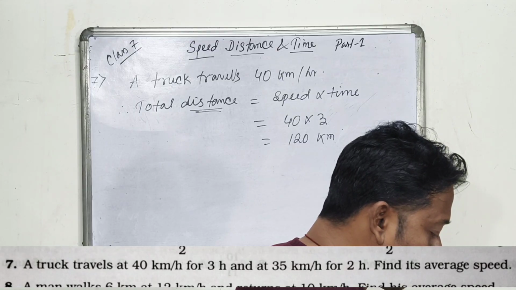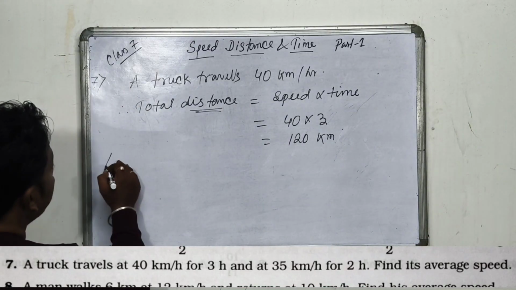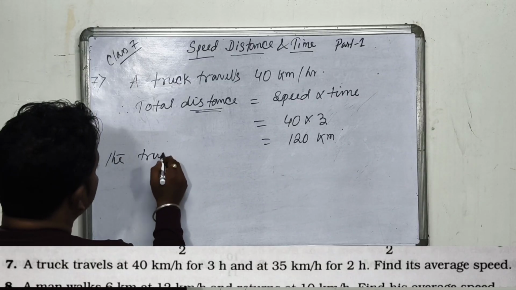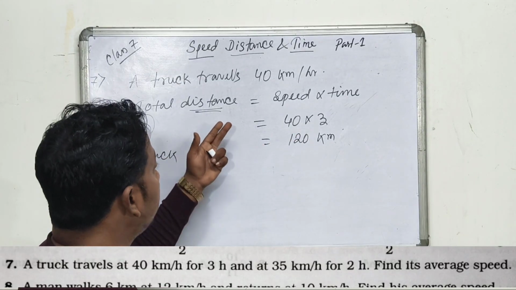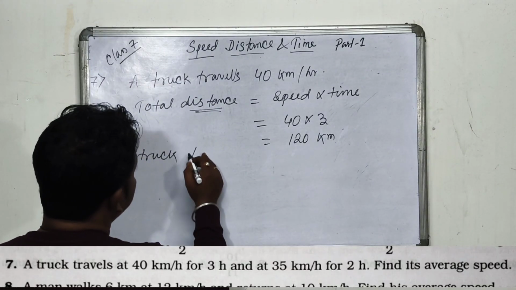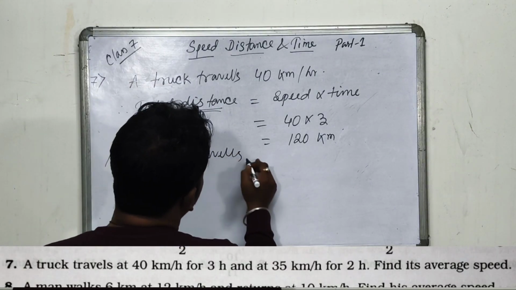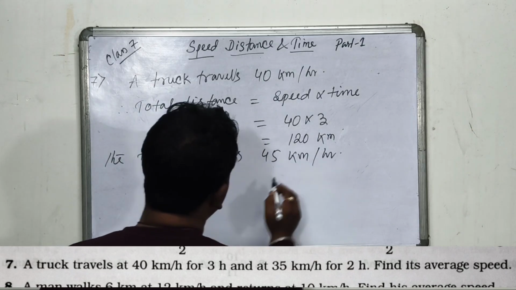then at 45 kilometers per hour for 2 hours. So the particular truck basically speeds up its speed, that means the truck travels 45 kilometers per hour.